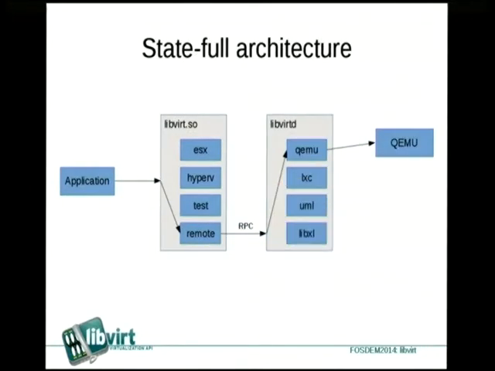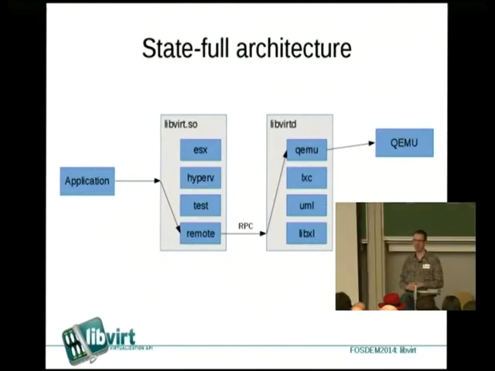The other type of architecture is what we call the stateful architecture. This is what we use when there is no other component in the stack that's maintaining state. So we use this for QEMU, KVM, LXC, and the open source Xen integration. In this case, the Libvirt library is talking to the Libvirt daemon, and the Libvirt daemon maintains state about the virtualization host.